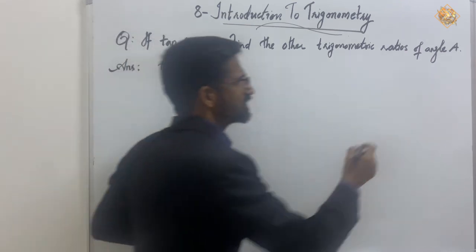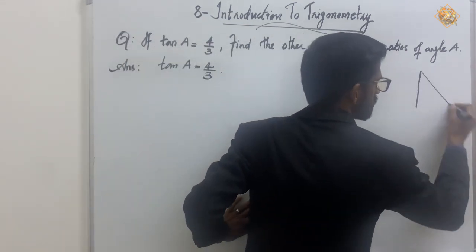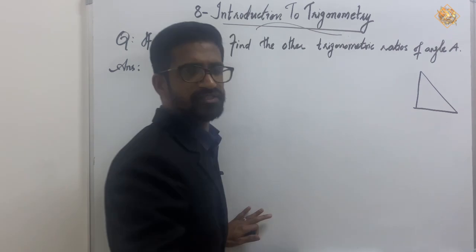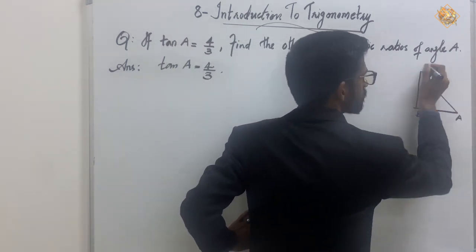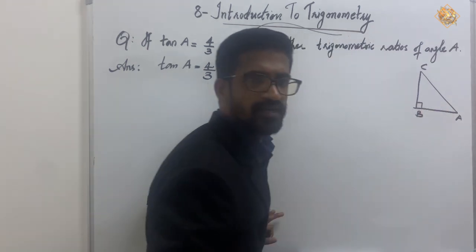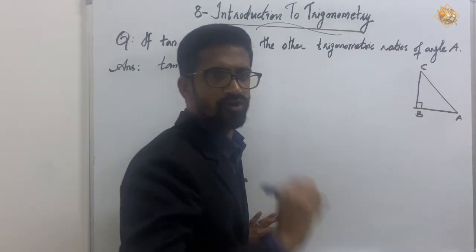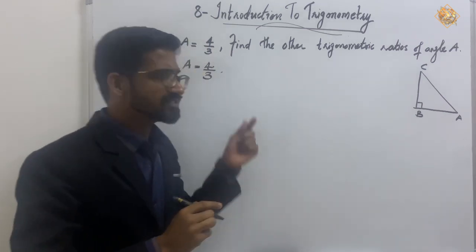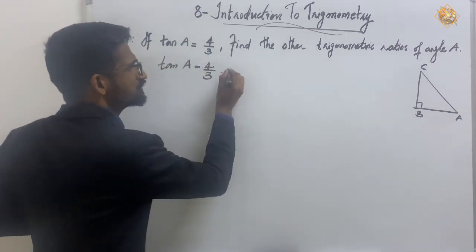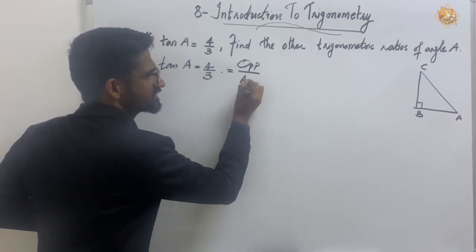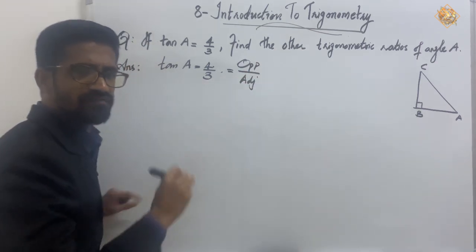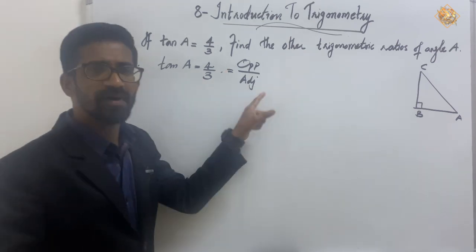For that, first we will draw a rough right angle triangle ABC. It is given tan A equal to 4 by 3. By definition, tan is opposite by adjacent.